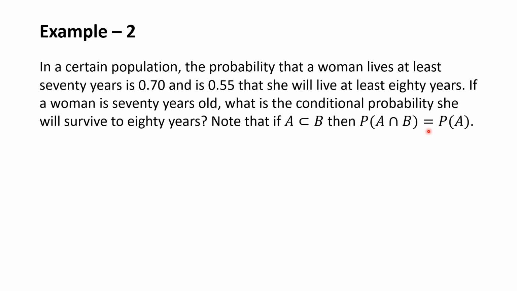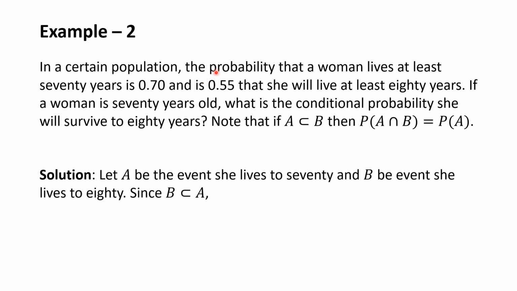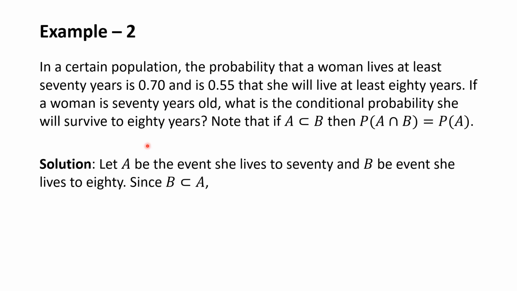If you want to give this a try, you may want to pause here because I'm going to show you the solution below on the same slide. Okay, I'm back, and let's take a look at this. So let A be the event she lives to 70, and B be the event she lives to 80.